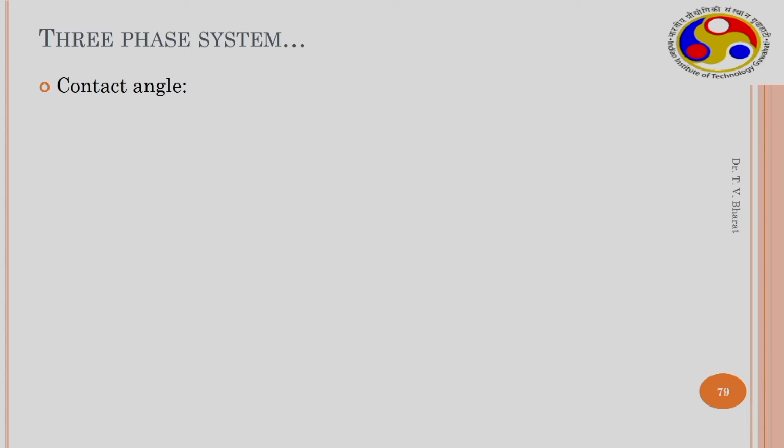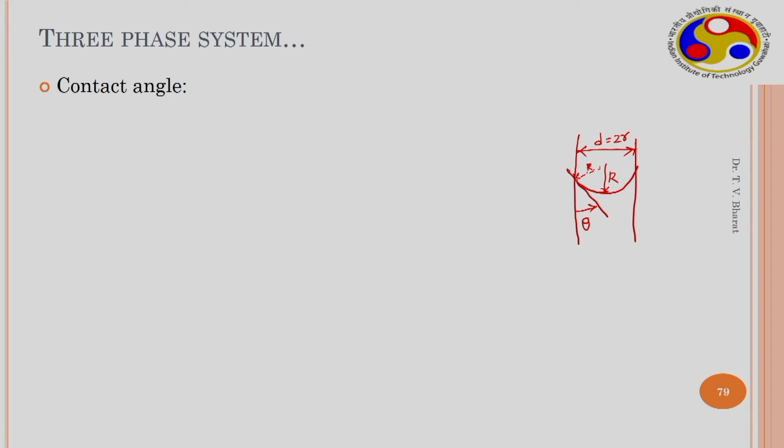At equilibrium, let us consider the capillary tube again, and you have the meniscus and a contact angle theta. The radius of curvature is capital R, and this will be the same here. The radius of the capillary tube is small r, then the diameter D is equal to 2r.